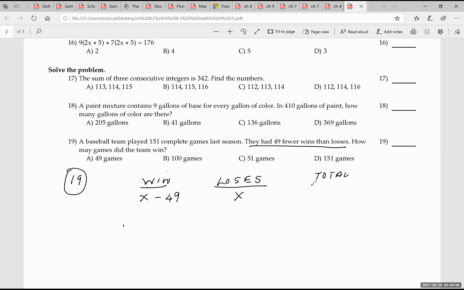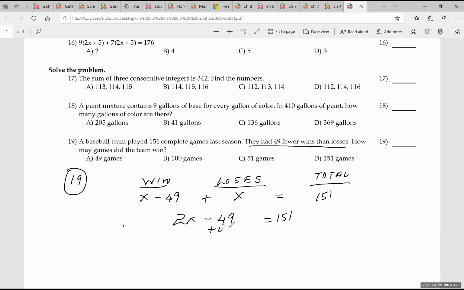All right, and the total here is 151. So if we add these two guys, that's 151. Okay, so we have x and x, so we have 2x minus 49 is 151.